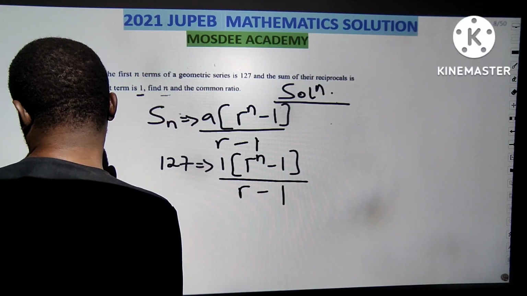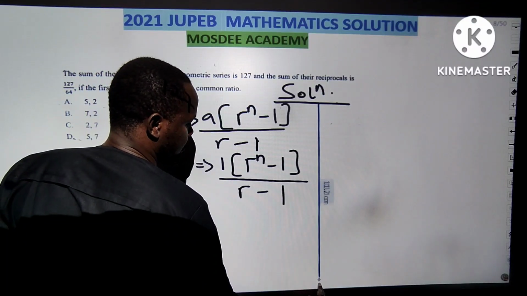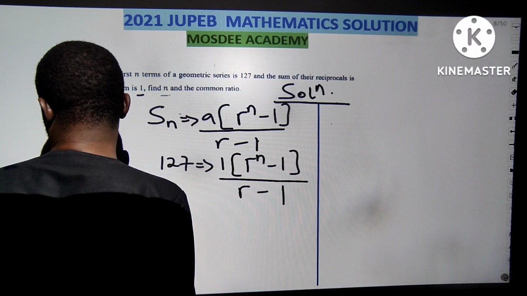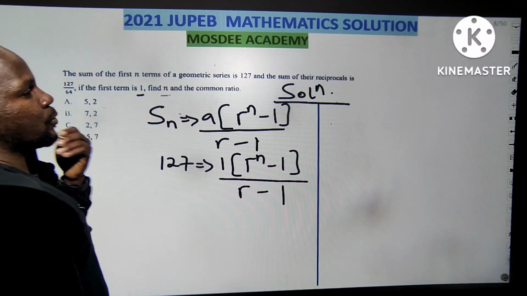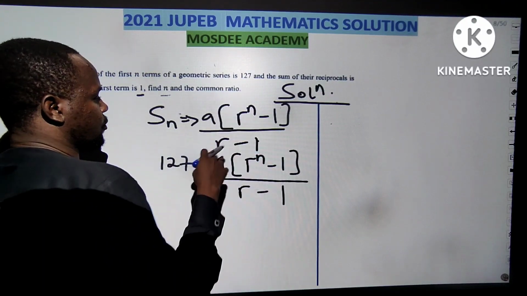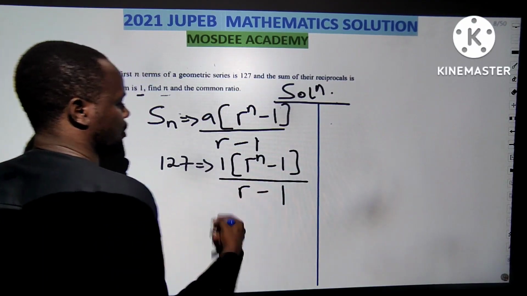Then the second line tells me that the reciprocal means shifting this sum formula upside down. So if I shift the formula upside down, it will be R minus 1 over whatever.